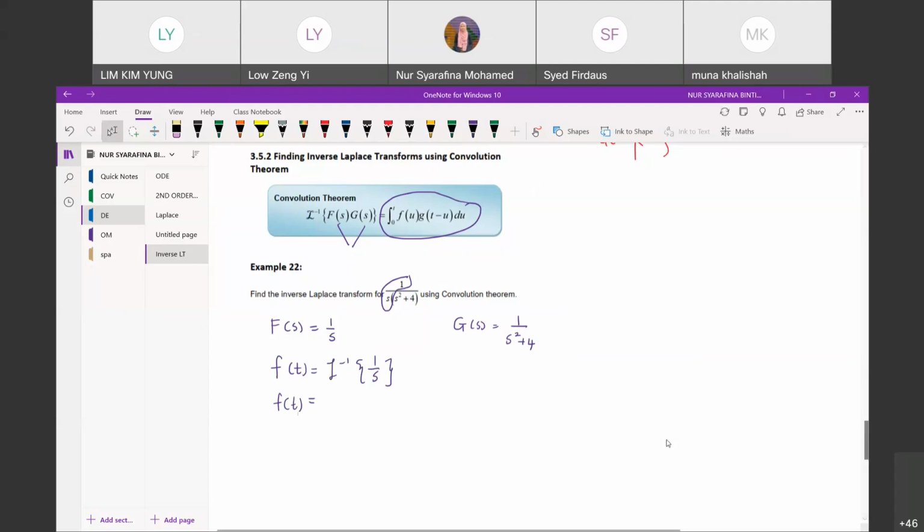The inverse transform of 1 over s equals what? From the table of transformation, a constant, so it is 1. When Ft equals 1, can I say Fu also equals 1? Because it is a constant.